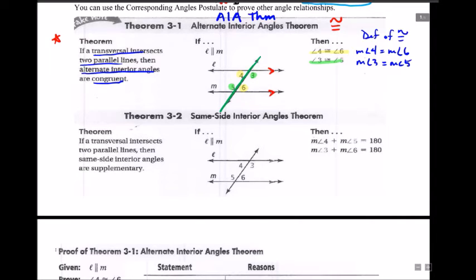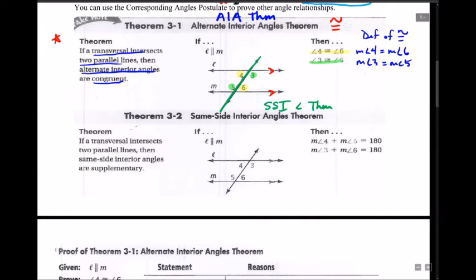And our next one here, this one's useful. We will use it frequently as well. Not as much as our alternate interior angles, but we use this one a lot as well. Same side interior angles. We can call this one the SSI angle theorem.